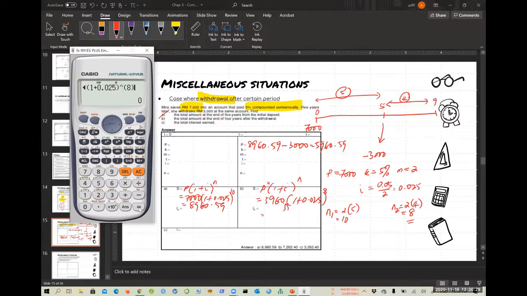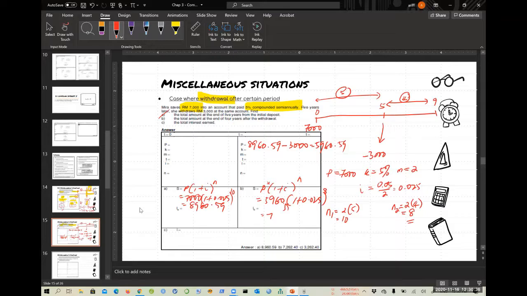Okay, equal. So you get this to be 7262.40. Okay, so that is the value at the end of the 9 years.